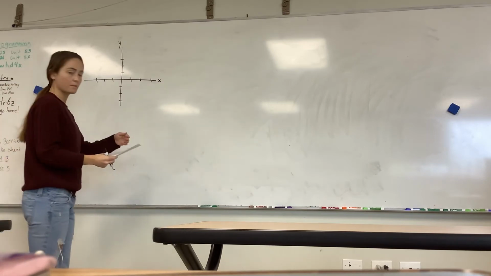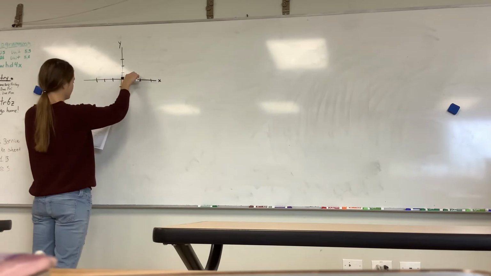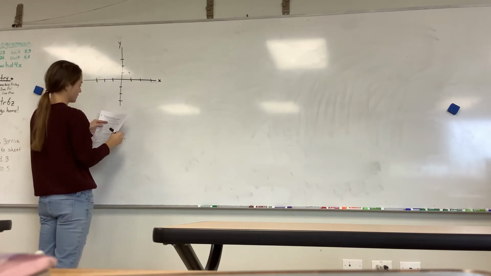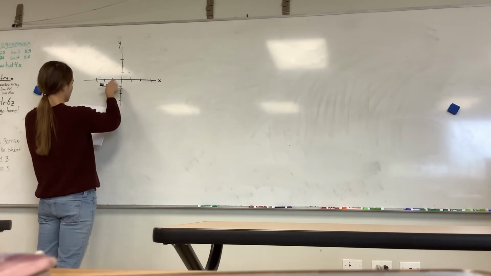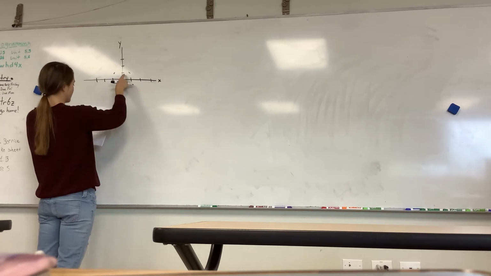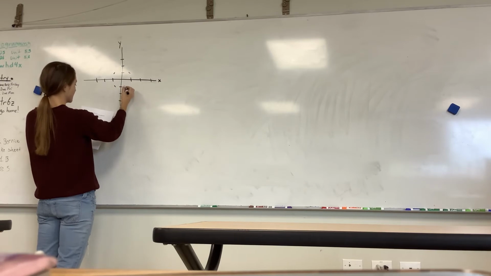Okay, I'm going to start up at part A. For the point (1, 1), I get a slope of -1. For the point (-1, 1), I get a slope of positive 1. For (-1, -1), I get a slope of -1. And for (1, -1), I get a slope of positive 1.